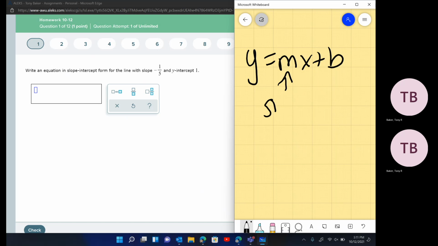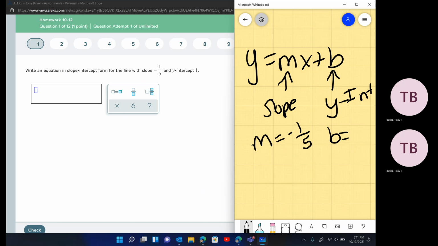So that's my slope, and that's my y-intercept. In this problem, my m is -1/5, and my b is 1. So y equals -1/5 x plus 1. We're just plugging them in. Okay, pretty simple.